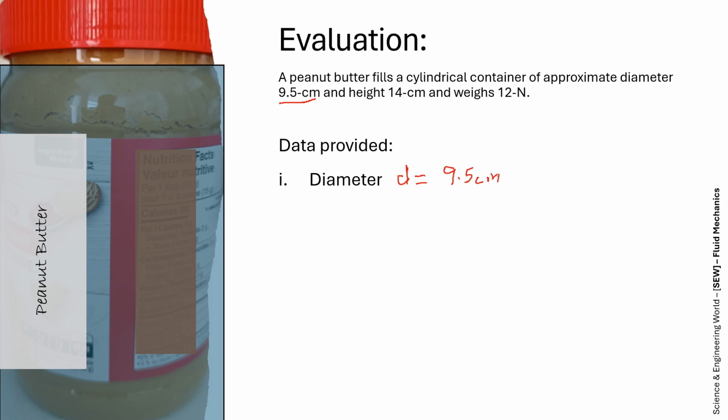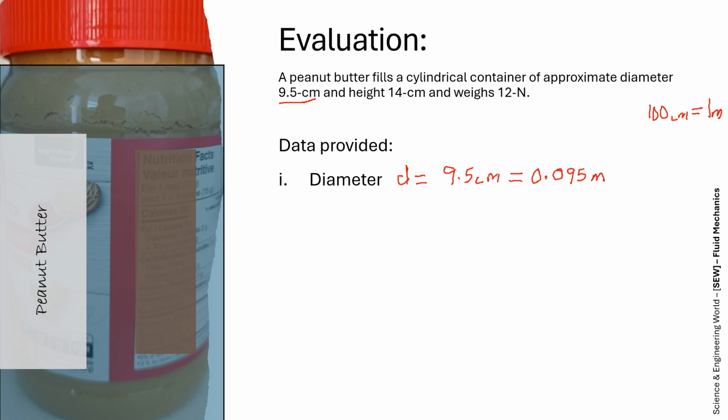It is always good practice to have our unit dimension in meters, and we have 100 cm equals 1 meter. So in this case, we divide 9.5 by 100 to give us 0.095 meters. That's the diameter.